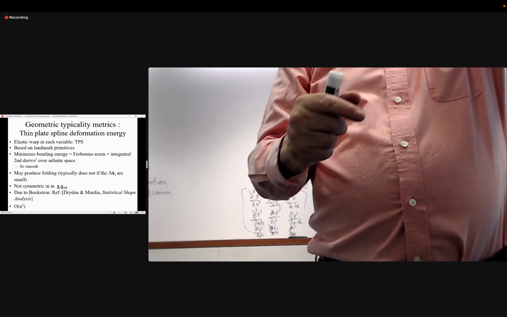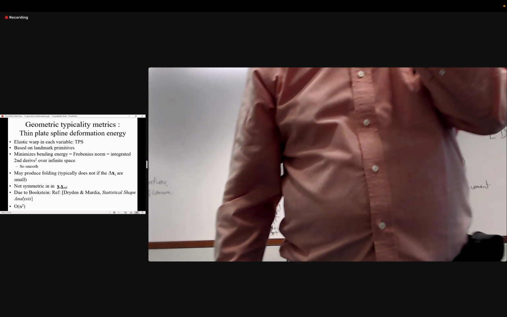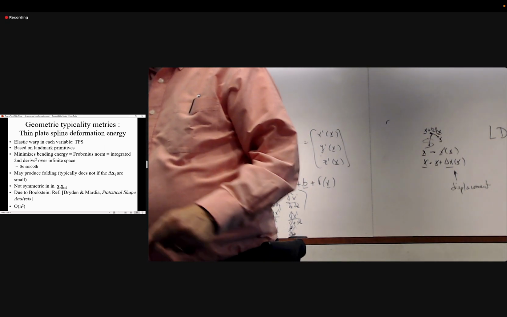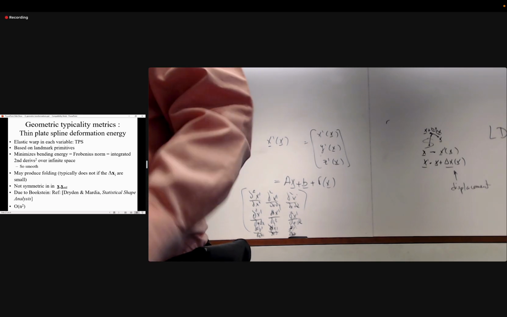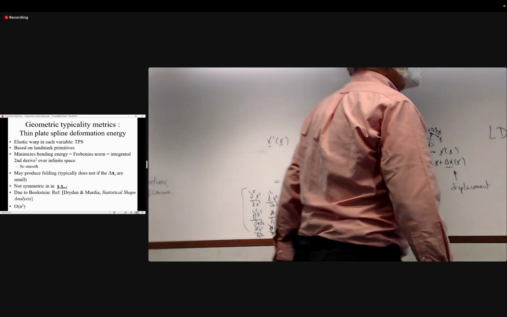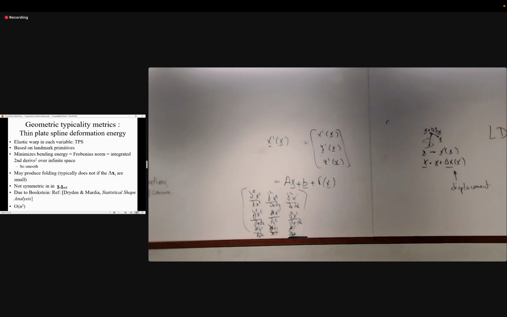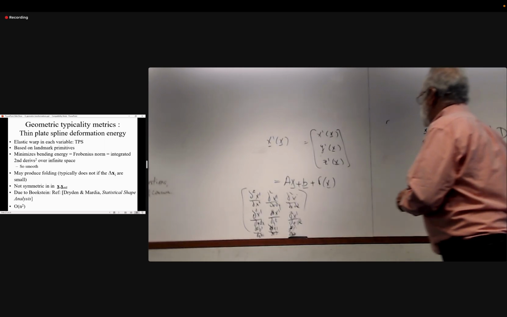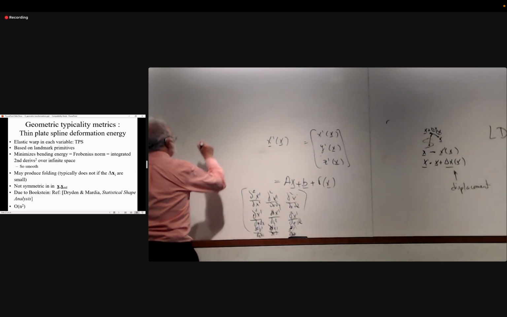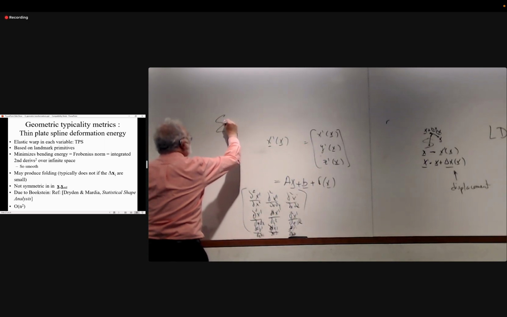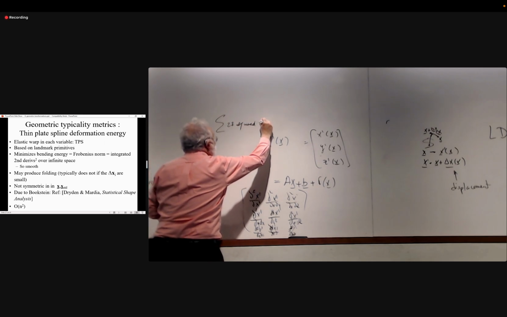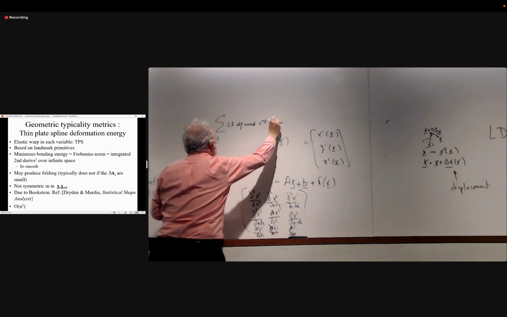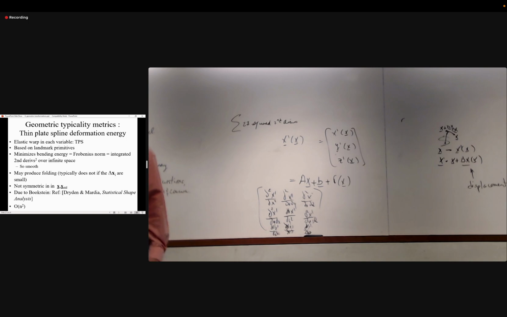We're interested in how curved it is, if you will. And so we're going to take all 27 of those second derivatives and square them, just because we don't care about sign. And so what we get at any given point is the sum of the 27 squared second derivatives. And that's at a point.